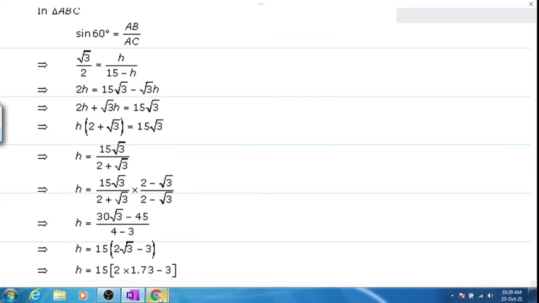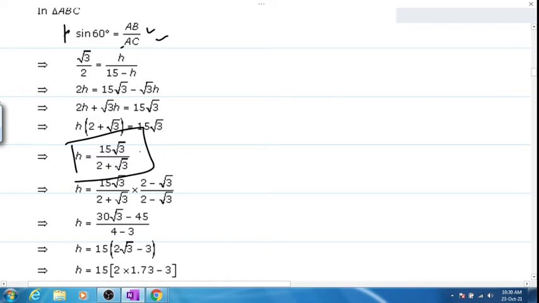Shomojit Sarkar, did you get the answer? Just have to apply sine. Sine theta is perpendicular by hypotenuse. It will be giving you AB by AC, and when you go on to further solve it, you will be getting h is equal to 15 root 3 divided by 2 plus root 3.